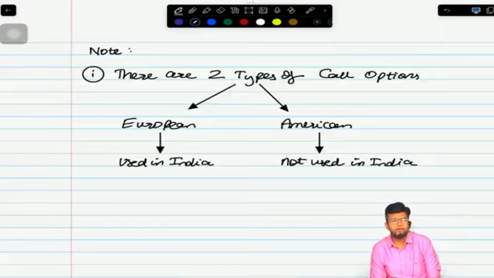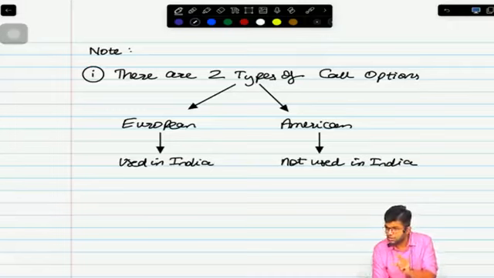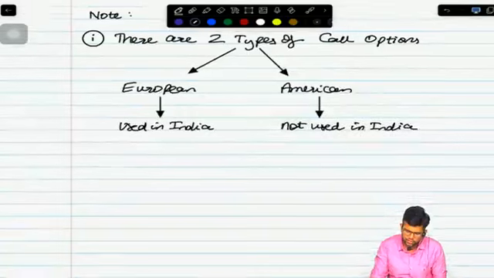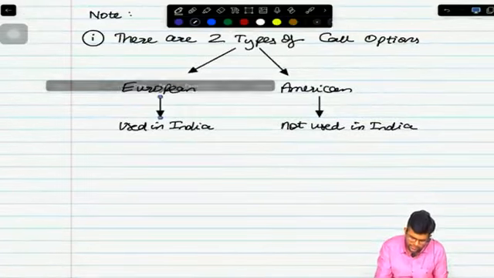That is why today also, if you go to the stock market website, a call option is denoted as CE. E stands for European. CE or PE. By the way, two types of call options means two types of put options as well, European and American. Now, what is the difference?